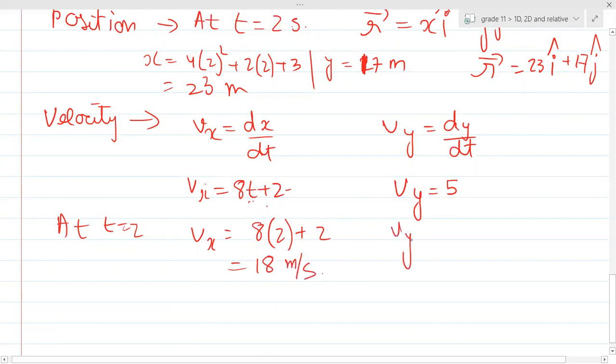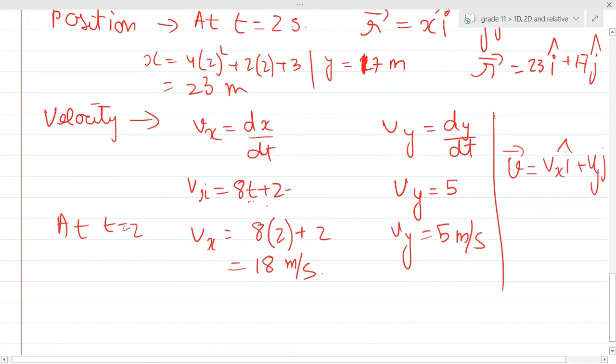And y will be, when you put t equals 2 seconds, since there is no t term, y will be this only. Constant velocity, right? So anyone can tell me what is the velocity vector? It is vx i cap plus vy j cap. So what is the final answer for the velocity vector? 18 i cap plus 5 j cap. Is this clear? Vectors are easy. You make it a big deal.